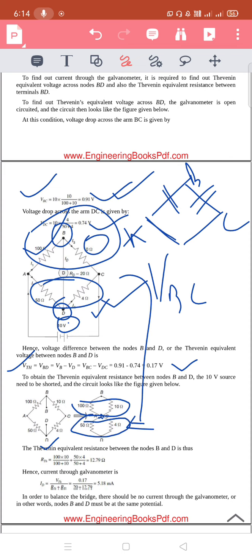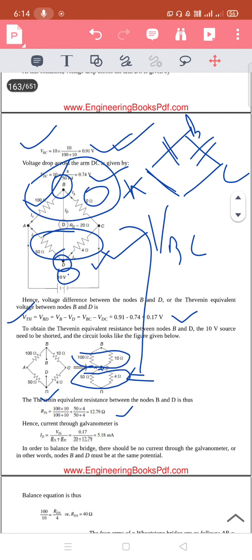By applying the parallel formula, RTH, the Thevenin's resistance, is 12.79, that is 100 into 10 divided by 100 plus 10, plus 50 into 4 divided by 50 plus 4.